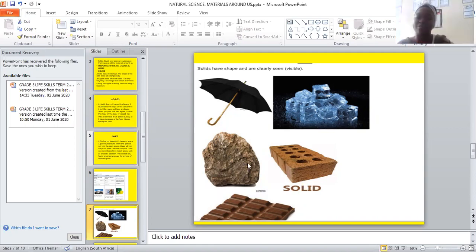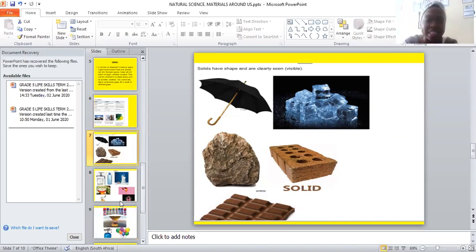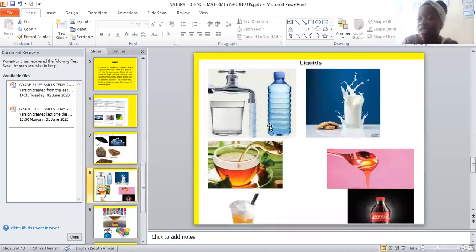This one, it's a rock. This one, big. And this one, chocolate. Chocolate's also solid. And then, okay, the second last slide, water, we said it's liquid. And then, an important question.